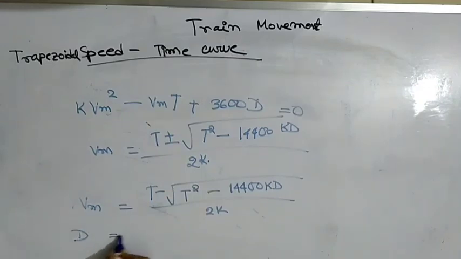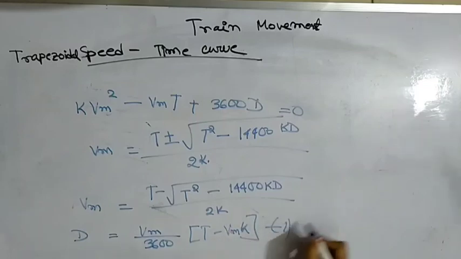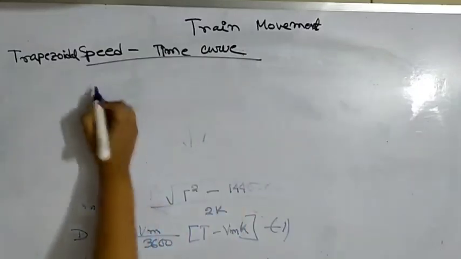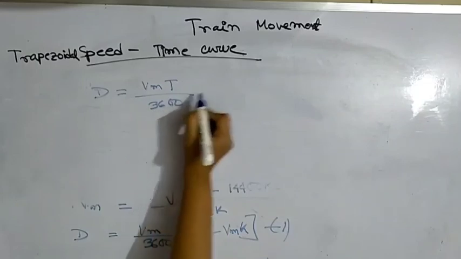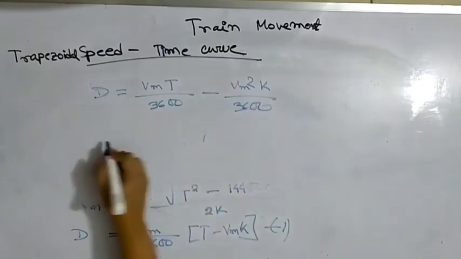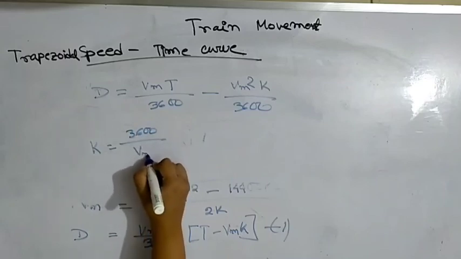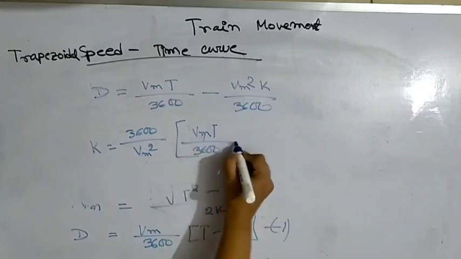Now from this equation, D is equal to Vm by 3600 T minus Vm K. Suppose this is equation 1 and this is equation 2. Equation 1 we can write D is equal to Vm T by 3600 minus Vm square K by 3600, where K is equal to 3600 by Vm square into (Vm T by 3600 minus D).